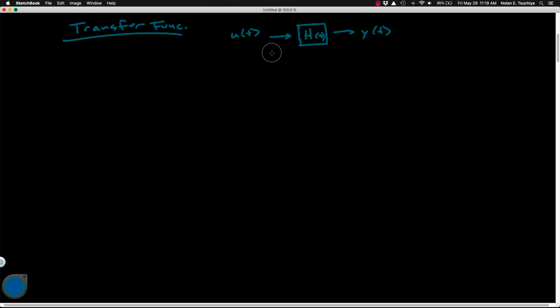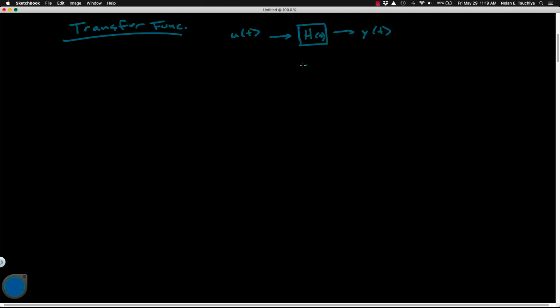If you're going to get into a car and floor the gas pedal, U of t is a constant value. If you're going to undulate the gas pedal sinusoidally, then U of t is a sine function, right? So U of t can basically be any function that is the input to that system. And then y of t, of course, is the resulting output for that particular system.